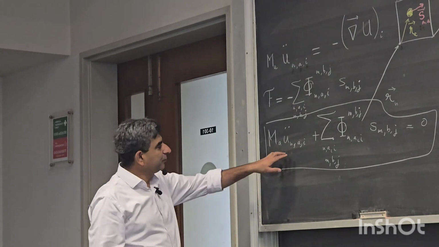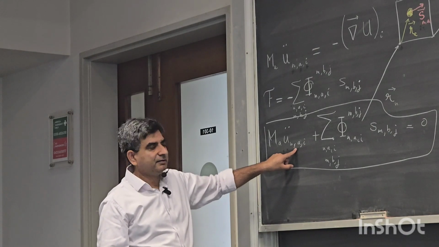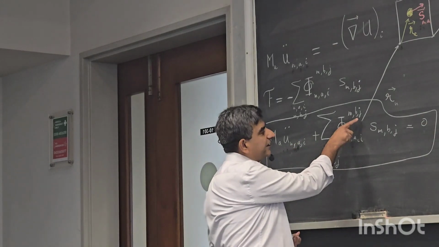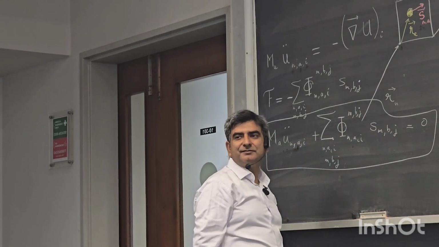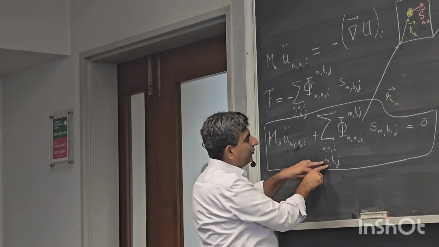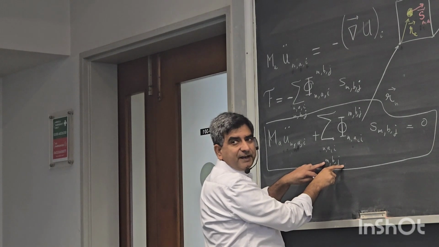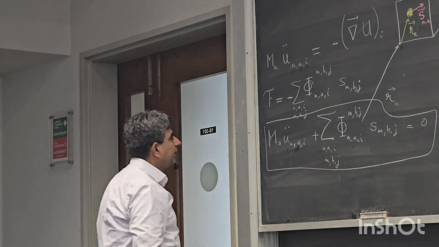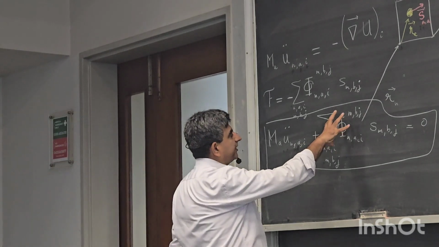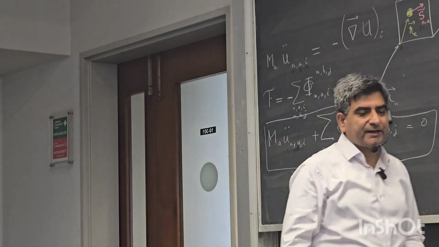Now if you notice, we're looking at the displacement of one atom in a unit cell, the nth unit cell, and it really depends upon its interactions with all other atoms, including itself. You're taking a sum over all mbj's, correct? So these are all pairwise interactions that exist inside the system.